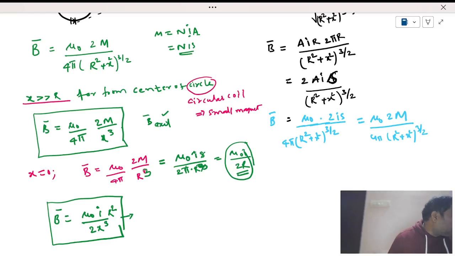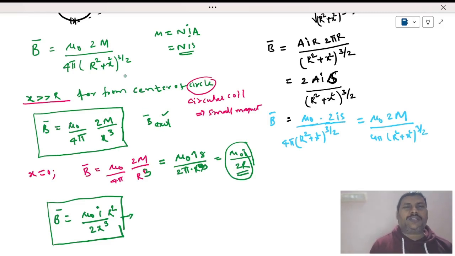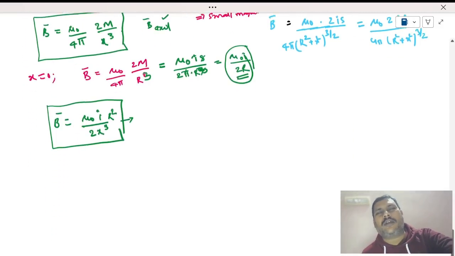Now suppose the magnetic field induction on its axis at a distance x. We already got this formula. I can write it using a binomial expansion with respect to the center.